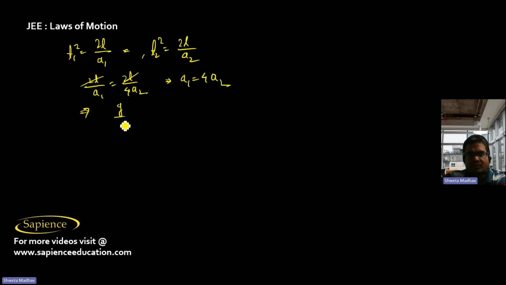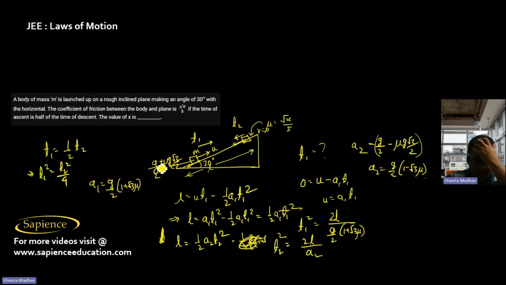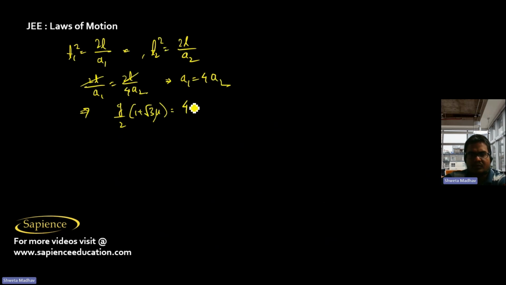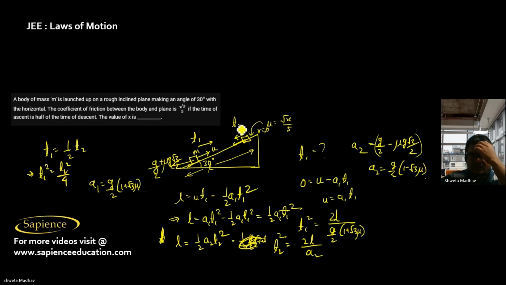Therefore A1, that is G by 2 into 1 plus root 3 mu, equals 4 into A2, where A2 is G by 2 into 1 minus root 3 mu.